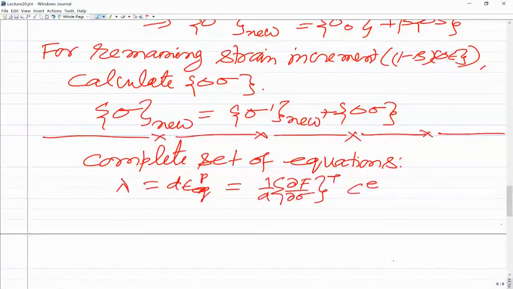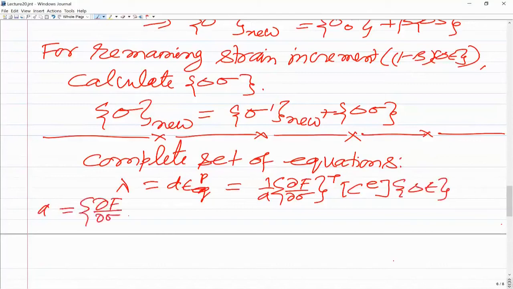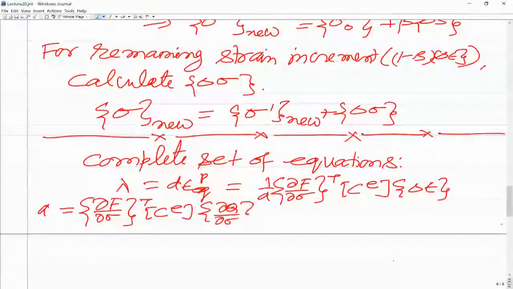We have derived this. So the same quantity I am writing here, delta epsilon, and this A is del f by del sigma transpose into CE into del Q by del sigma. Q is the plastic potential function.